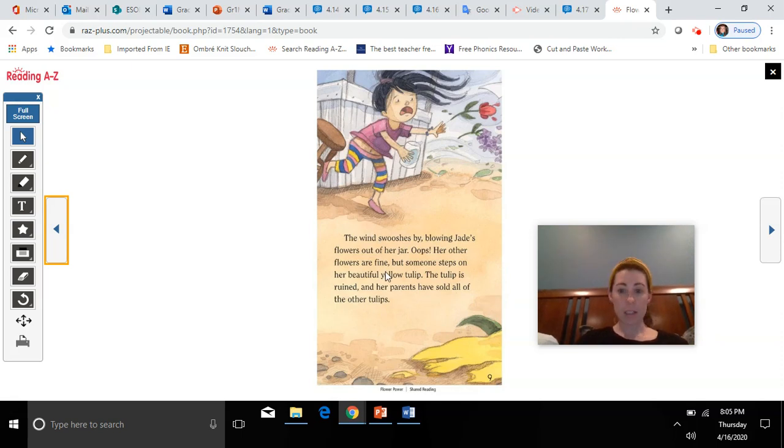Remember, the solution doesn't always mean that she's feeling better. Okay, let's see. The wind swooshes by, blowing Jade's flowers out of her jar. Oops! Her other flowers are fine, but someone steps on her beautiful yellow tulip. The tulip is ruined, and her parents have sold all of the other tulips. Okay, here's her ruined tulip in the picture.